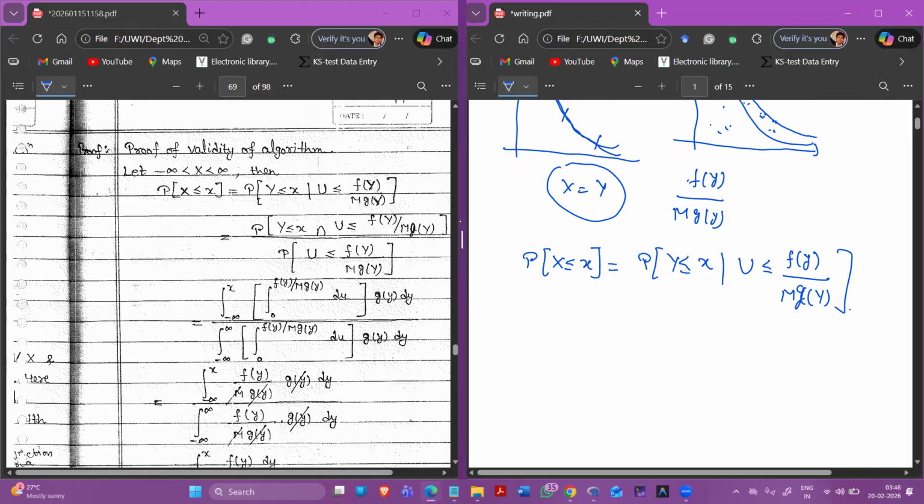The basic idea is that we keep x equal to y if y is accepted.